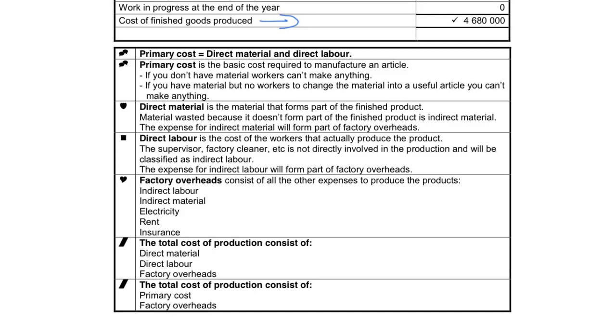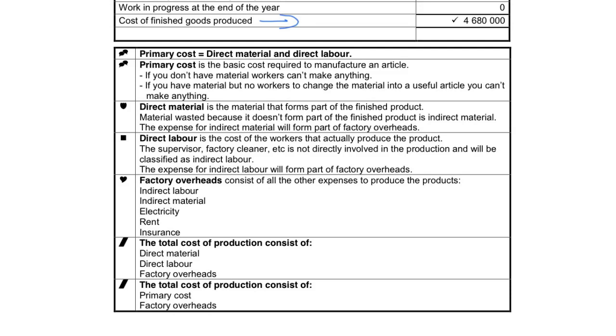Indirect labor is other people that are also used in the manufacturing process, but they are not responsible to produce the articles. Factory overheads consist of indirect labor, indirect material, and any other expenses that must be paid to produce articles.